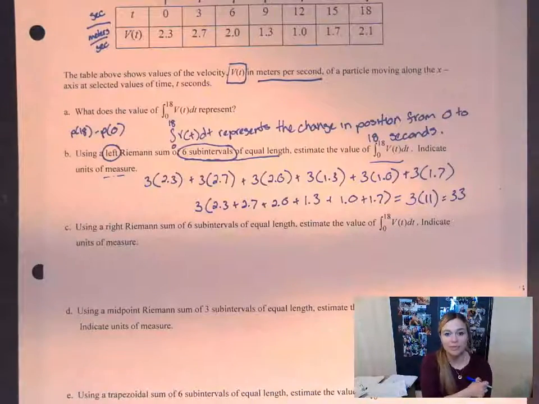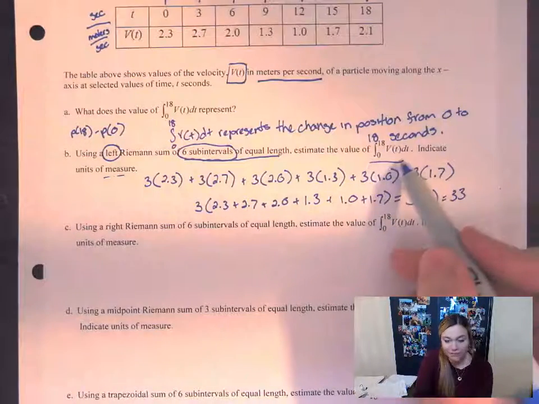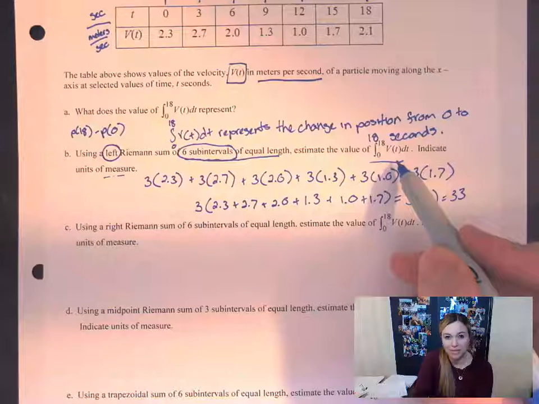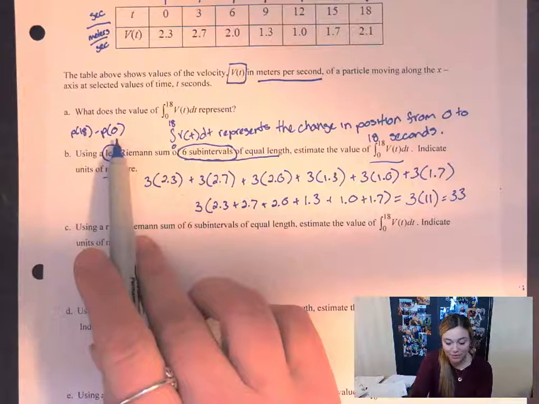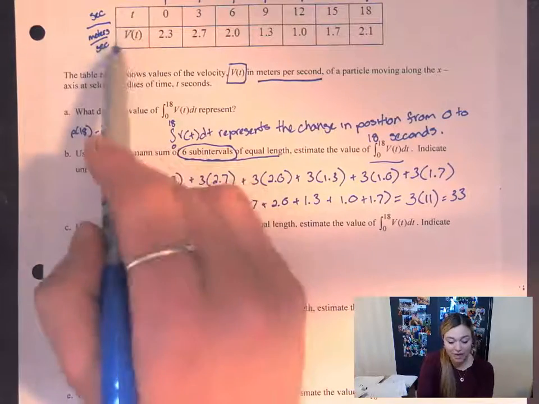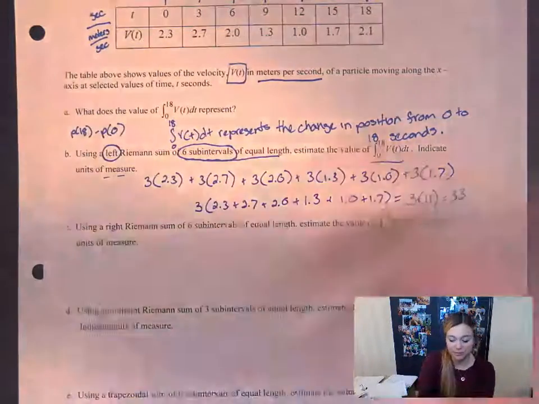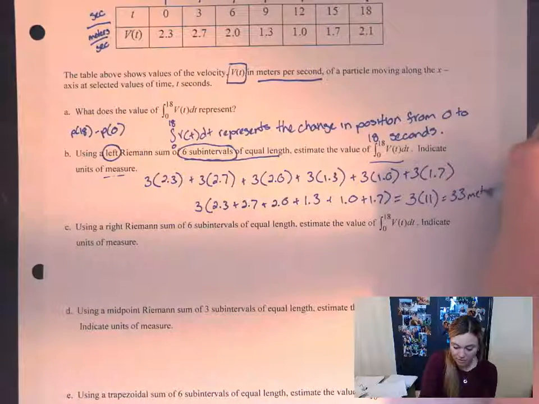Times 3 is 33. Let's think about what units this would be though. If I am integrating v of t, I'm going back to position, p of 18 minus p of 0. Remember position, if velocity is meters per second, position must be in meters.